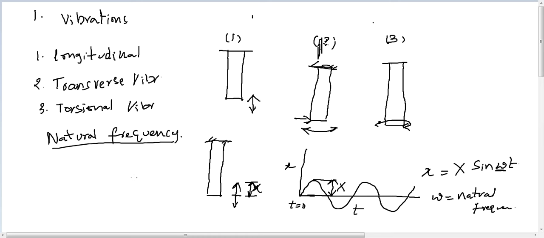For example, if we want to find out the longitudinal natural frequency for this single bar, we disturb it in the longitudinal direction. Similarly, if you apply the disturbing force in the transverse direction, we will get some other natural frequency because the stiffness is different in that case.